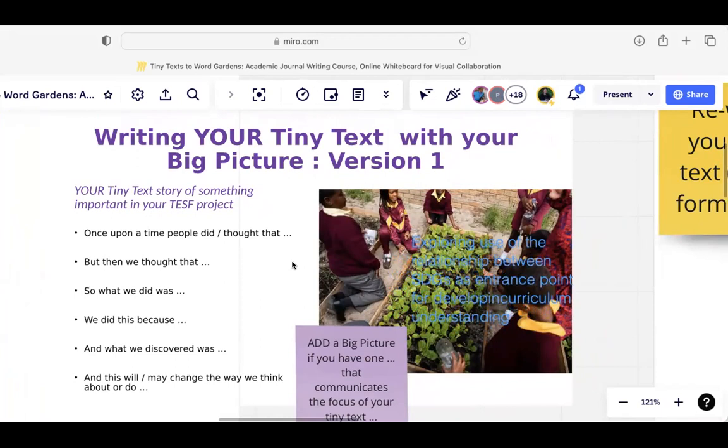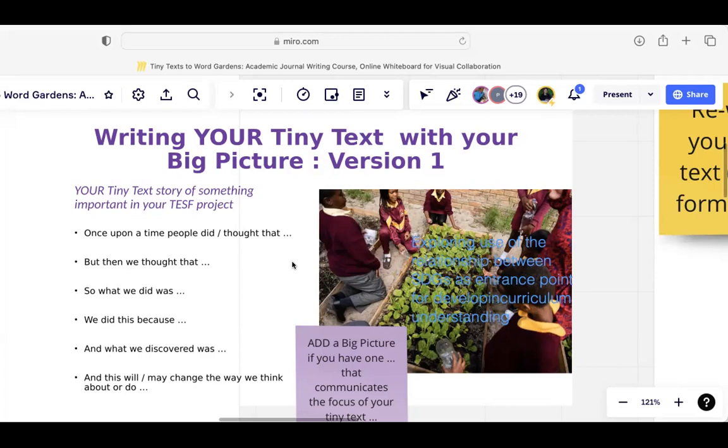So what we did was we undertook a research project to identify how universities, our university, Rhodes University, was responding to sustainability challenges in their operations. We did this because we thought that it was possible to improve the way things were being done. And what we discovered was that we need a systems approach to thinking about sustainability in our universities.